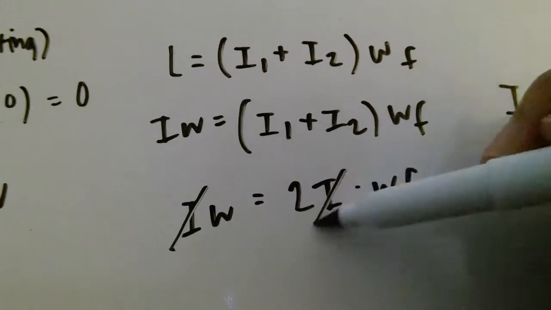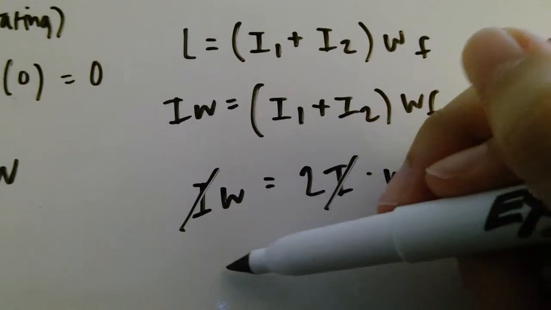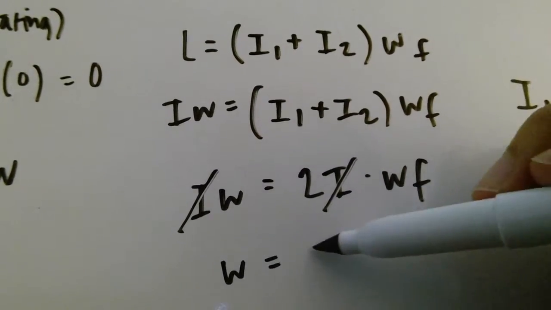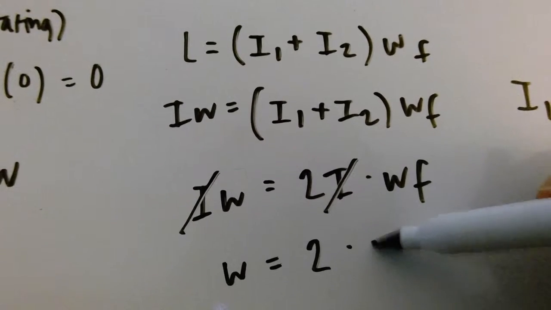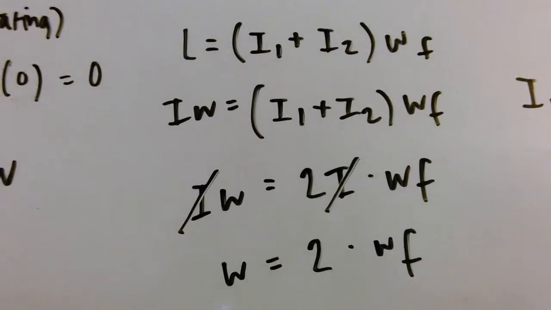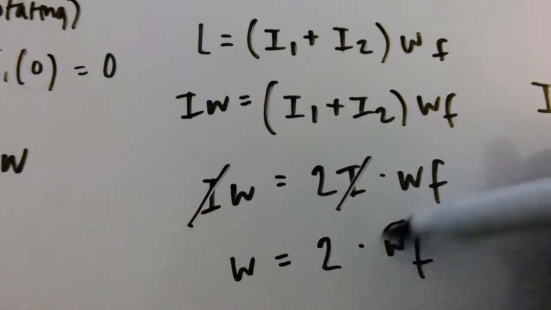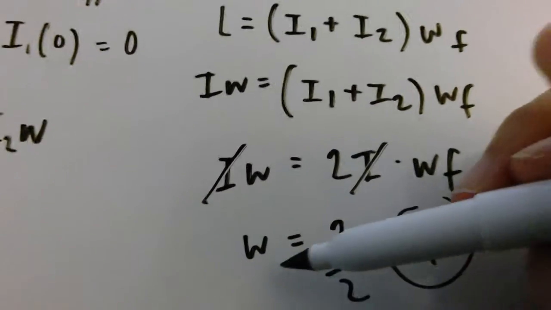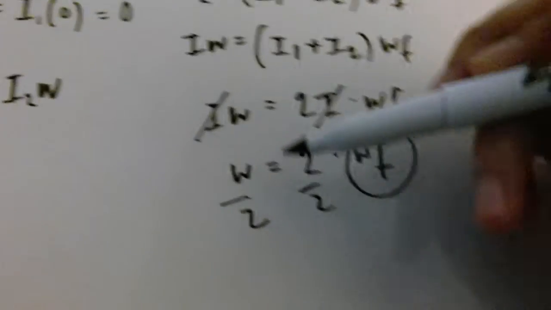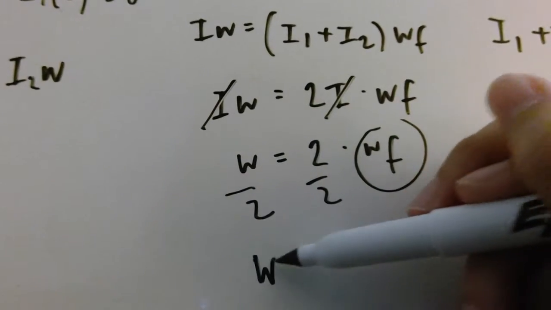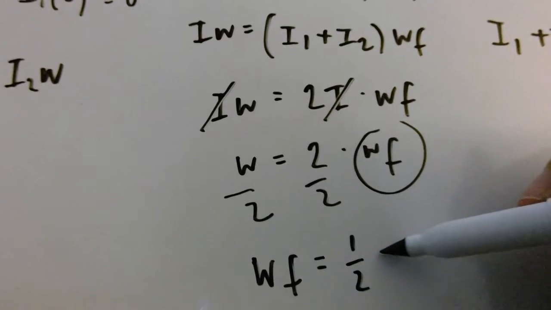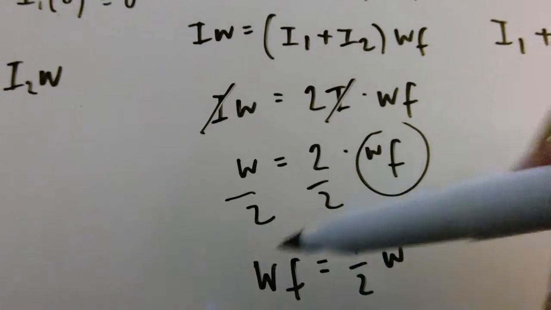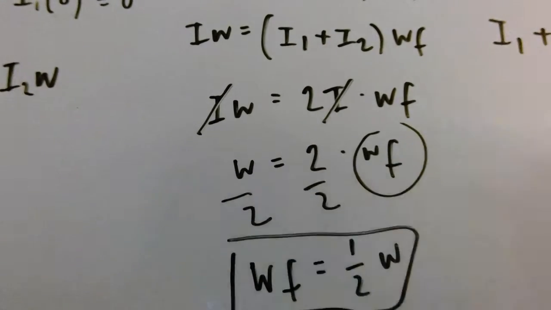We can get rid of these inertias, and we're left with omega equals 2 times the final angular velocity. And since we just want this by itself, we can divide by 2. And then we get final angular velocity equals half times omega. And this is the answer.